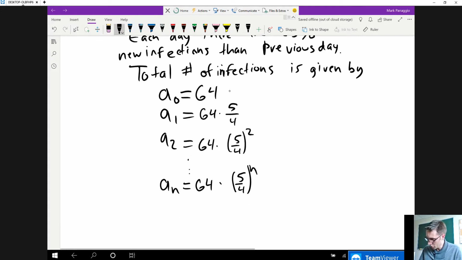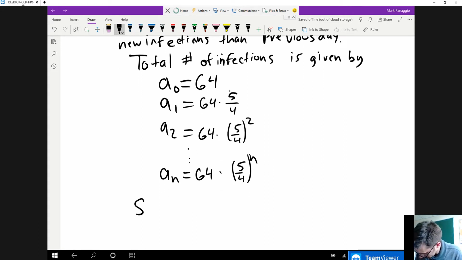And so if we want the total number of cases, well, we could compute partial sums. The total number of cases on day n is just going to be a0 plus a1 all the way on up to an.